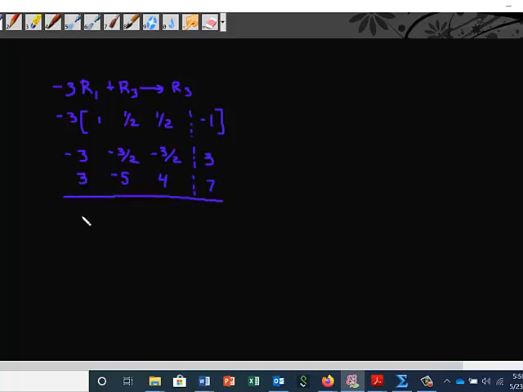And when we add this to row 3, this is what we get: 0, negative 13 over 2, 5 over 2, and then this will be 10. Okay.